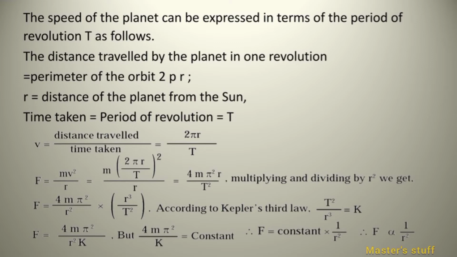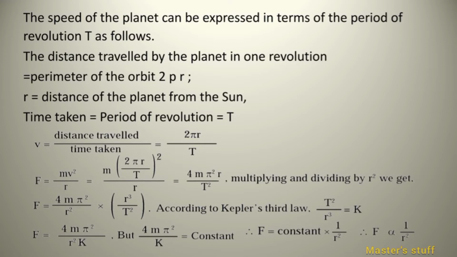Multiplying and dividing by r square, we get F is equal to 4m pi square upon r square into r cube by T square. According to Kepler's third law, T square upon r cube is equal to k.